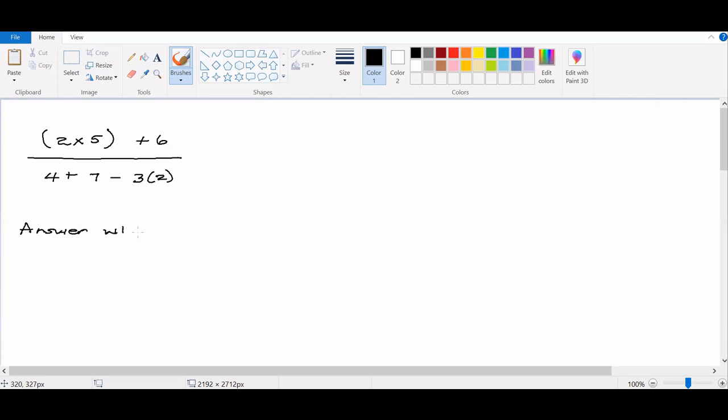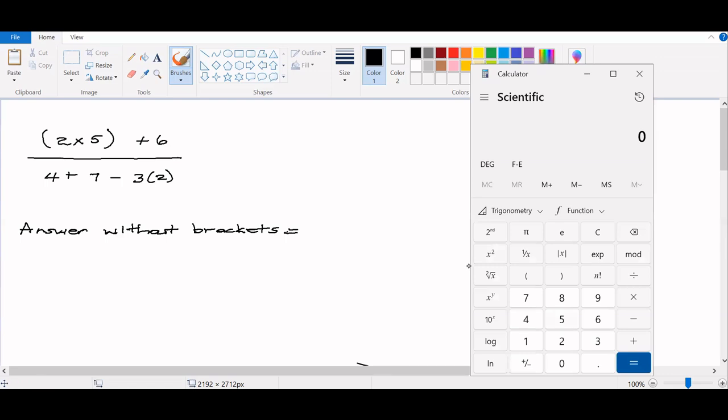without brackets. So without the brackets that I have here, and without bracketing the numerator and the denominator. All right, so I'm putting in 2 by 5 plus 6 divided by 4 plus 7 minus 3 multiplied by 2.